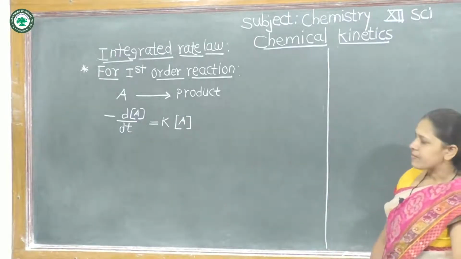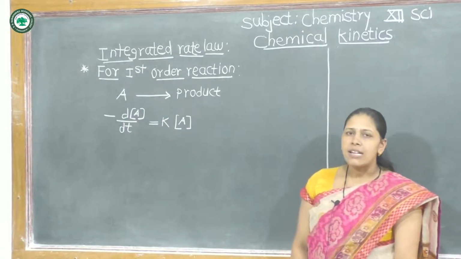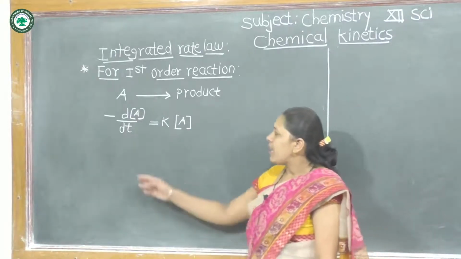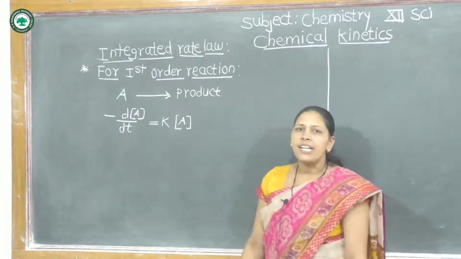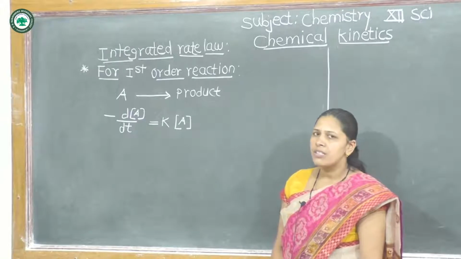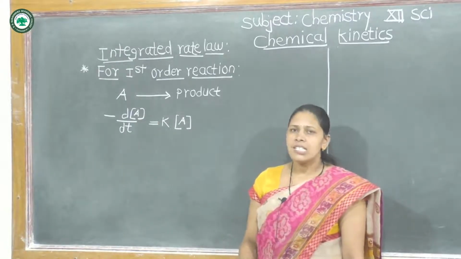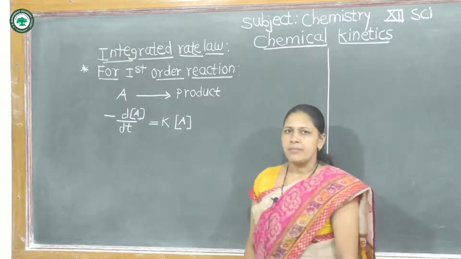Here K is the rate constant and the minus sign indicates that as the reaction proceeds, the concentration of reactant decreases with time.